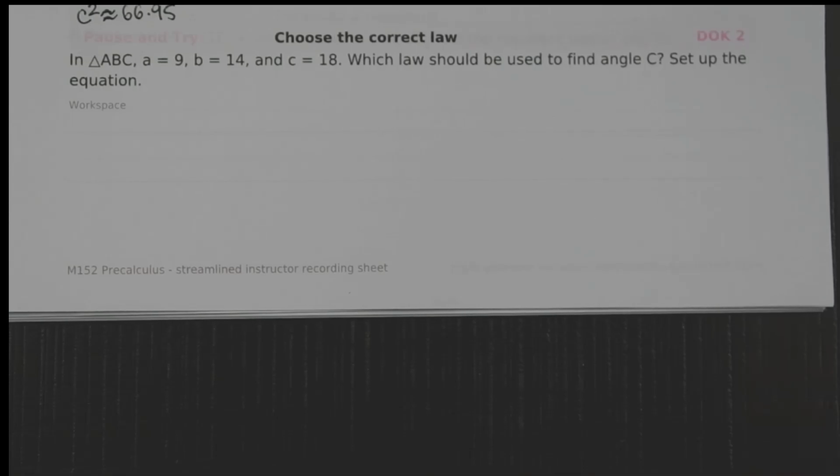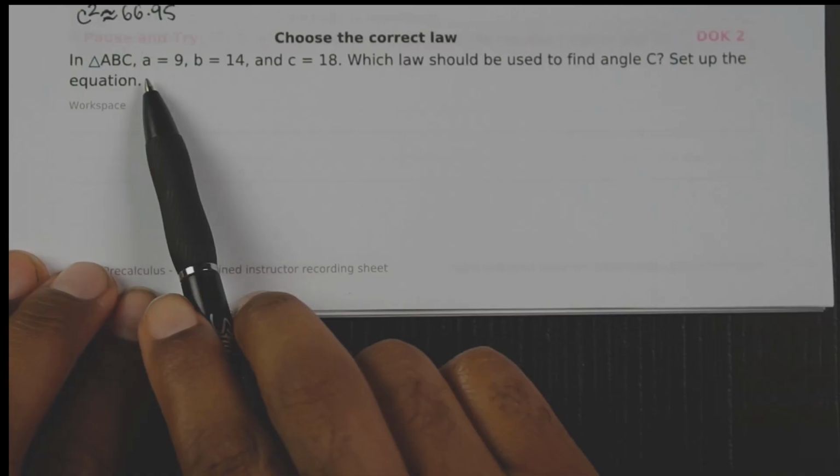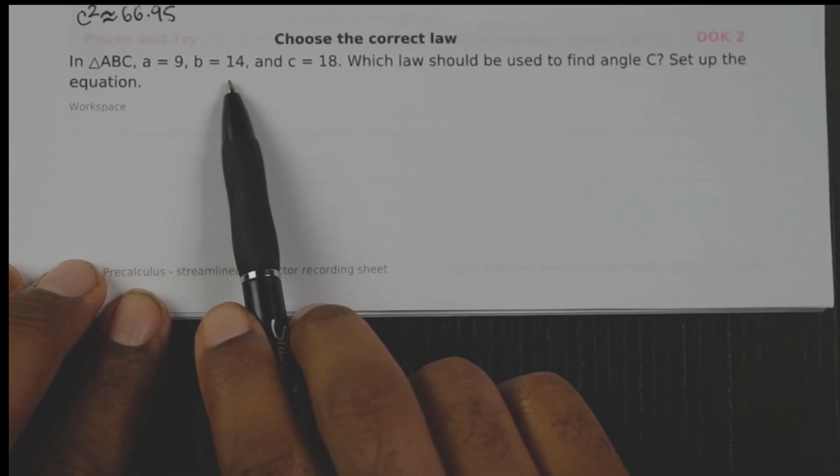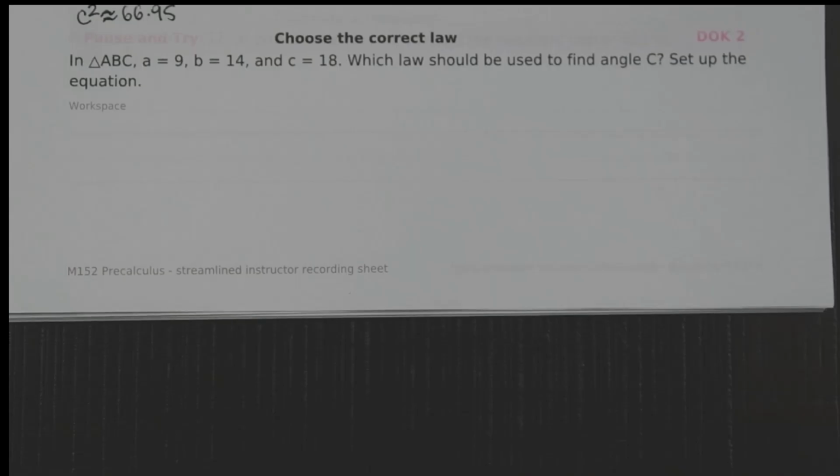Okay, so we are given a is equal to 9, b is equal to 14, and c is equal to 18. That is side side side information. When we're given all three sides and need an angle, we use the law of cosines.